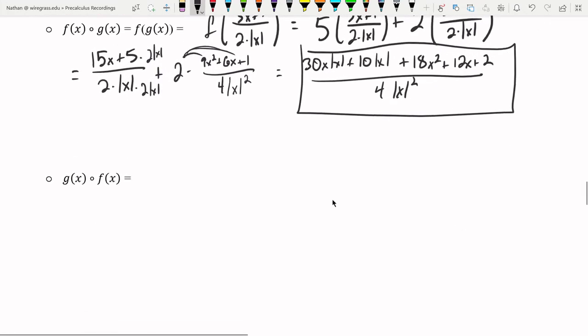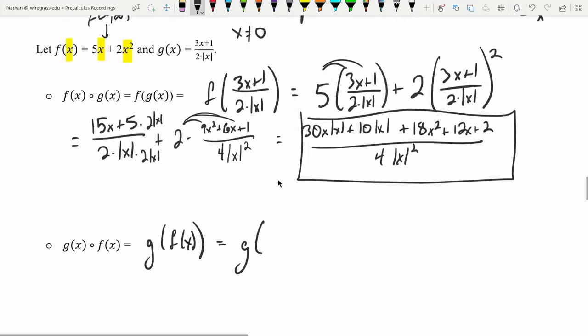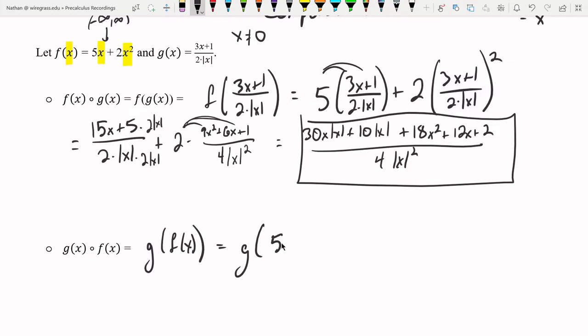Okay, now, if instead we're looking at g of f of x, that's the same thing as plugging f into g. So we're going to get g of f of x.